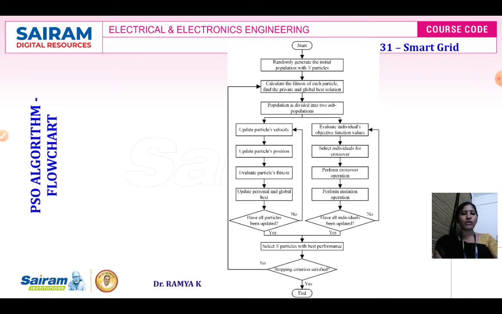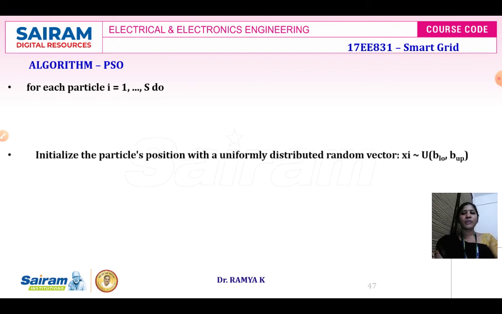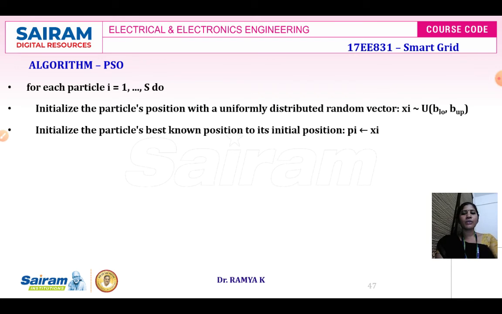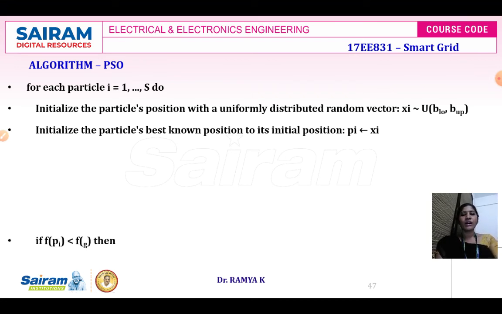This is the exact flow graph, where crossover and mutation are also included in the algorithm part; that time the flow chart will be explained like this. Next, for each particle i = 1 to s, we initialize the particle position, then initialize the particle's best known position, where pi is equated to xi.